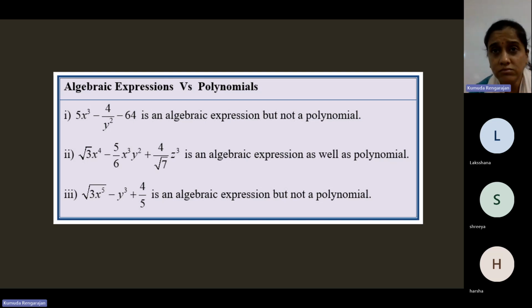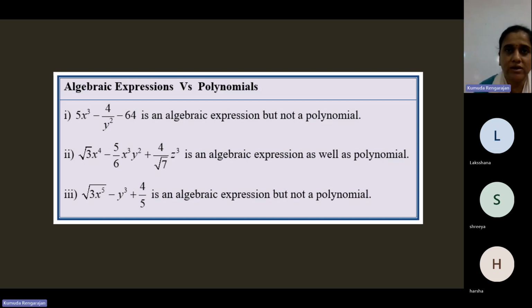Where is 4 power -5? No, in 4/5, which is the variable? 4/5 is a constant. So does that term have a variable in it? No. Y to the power 3.